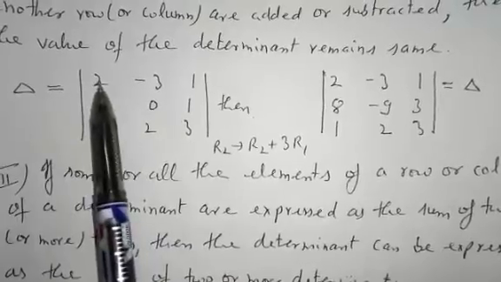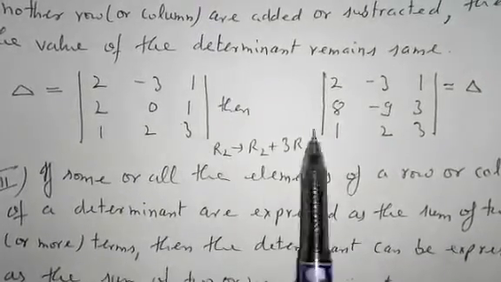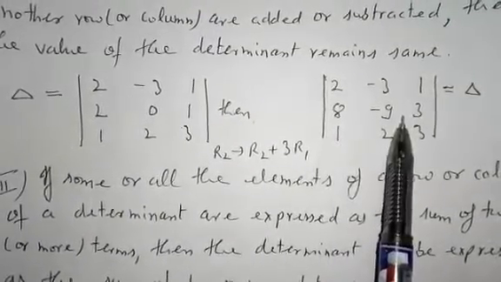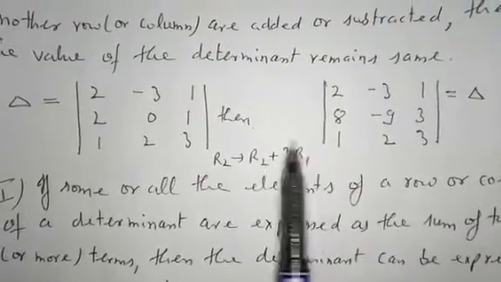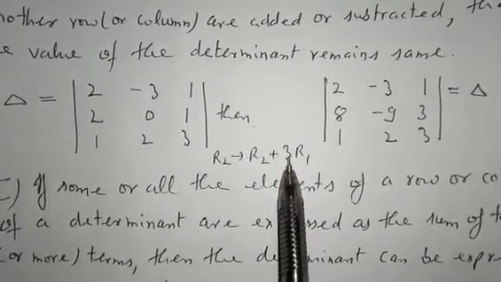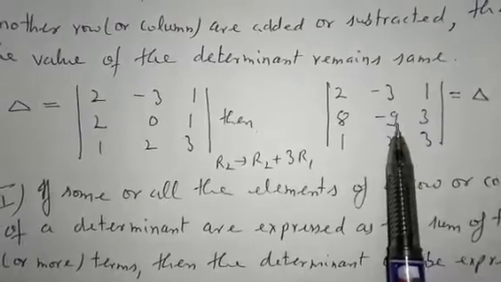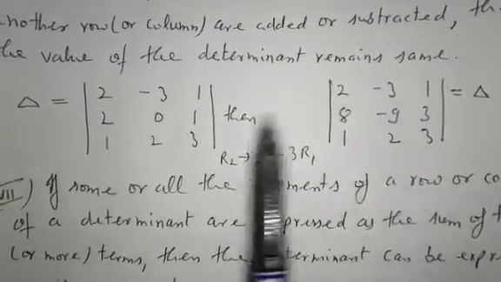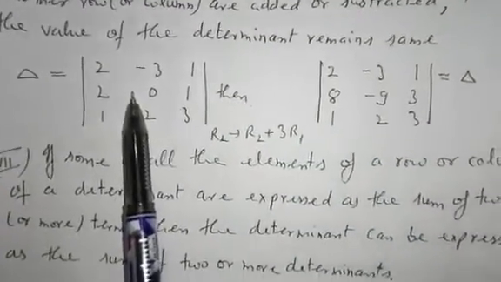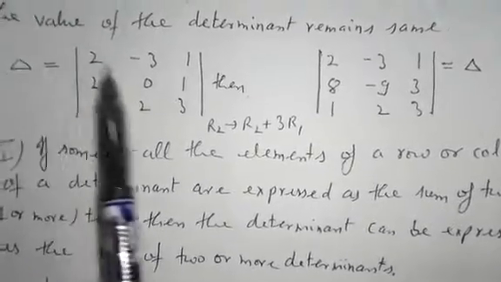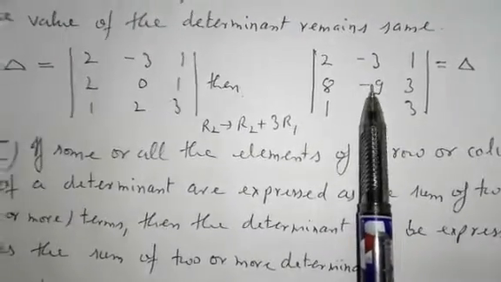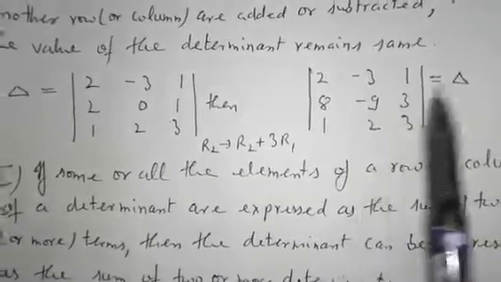In this situation, R1 and R3 remain the same, only R2 changes by applying this property. The value of the new determinant is also the same as whatever the previous determinant is. If its value is delta, then after operating, whatever new determinant we have, its value is also delta.